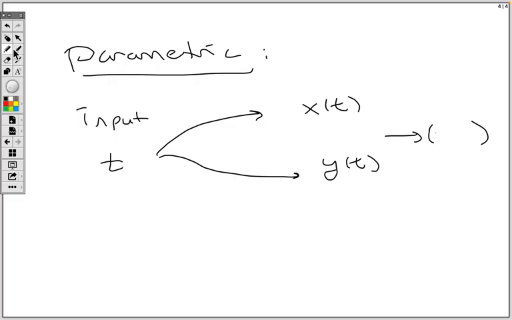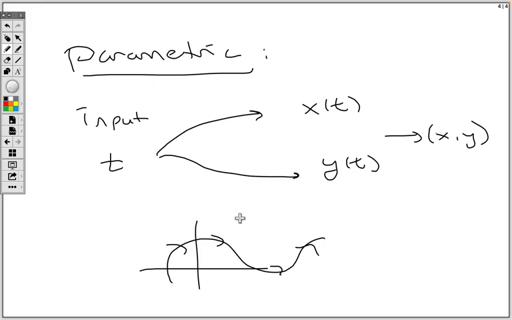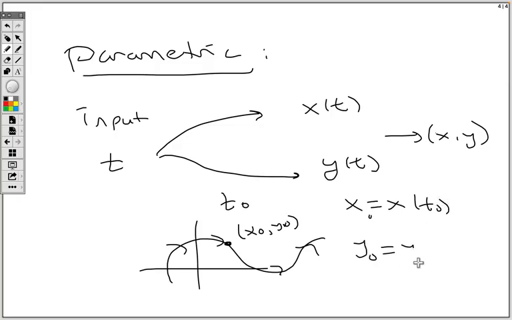And so this is a way of generalizing the concept of functions in order for you to be able to trace out more interesting curves on the plane. So for any particular value, t naught corresponded to a point x naught, y naught, where x was x of t naught and y was y of t naught. Okay?